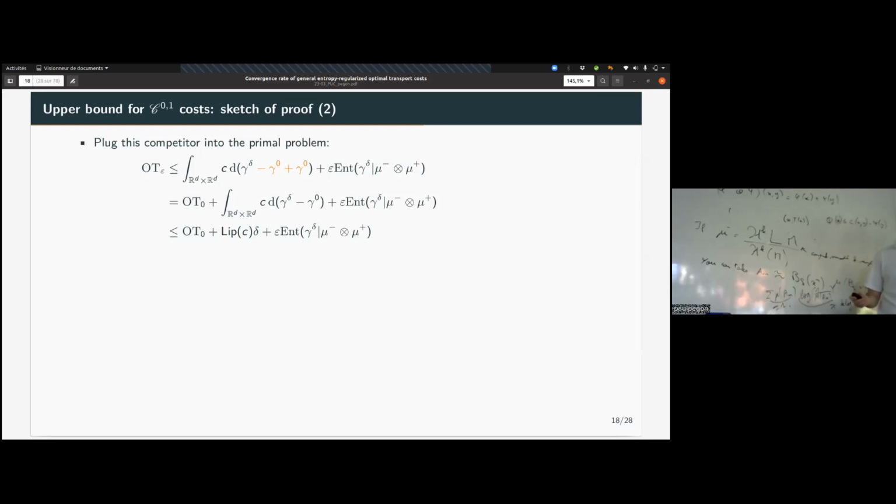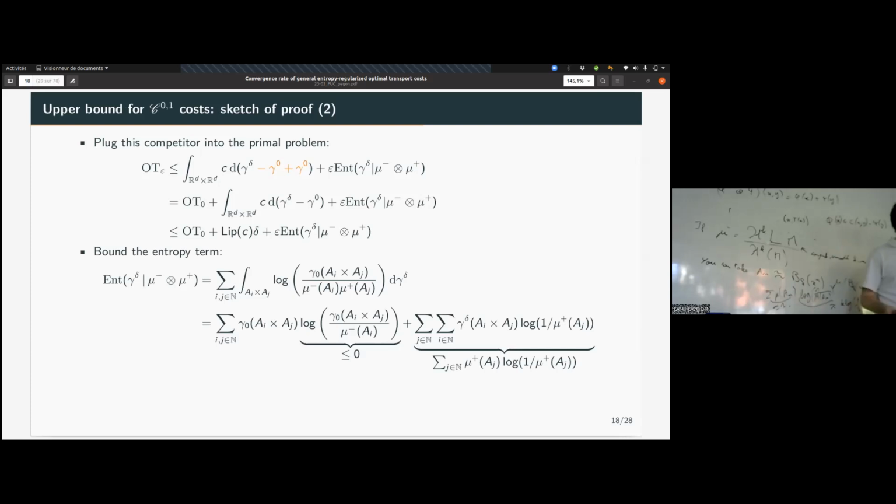And now we want to control this entropy term, and you can do an explicit computation. Since gamma delta has densities which are constant by parts, you just do your integral, decomposing it with respect to these blocks. You get the density here, so it's the log of the density of gamma delta, the entropy. And then you split what's in the log into two parts.